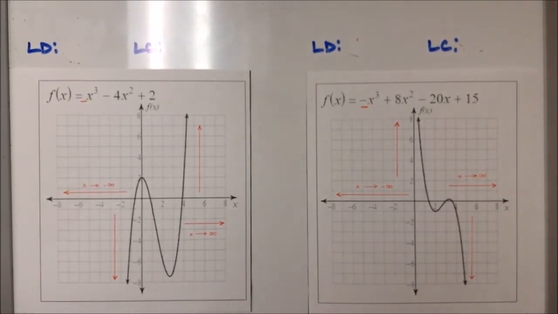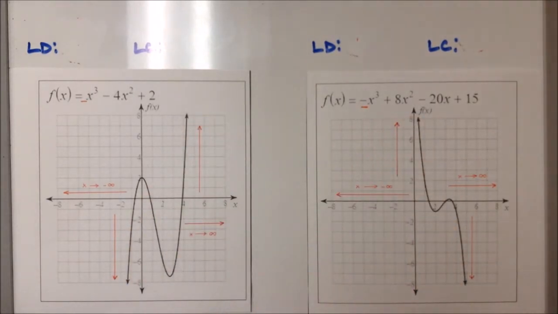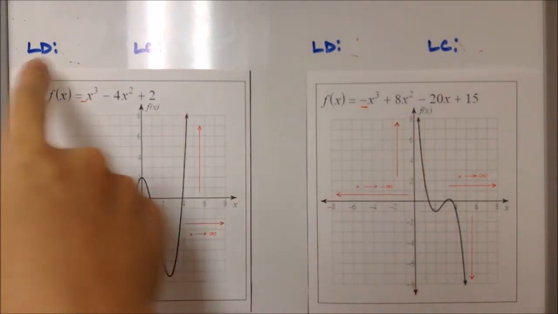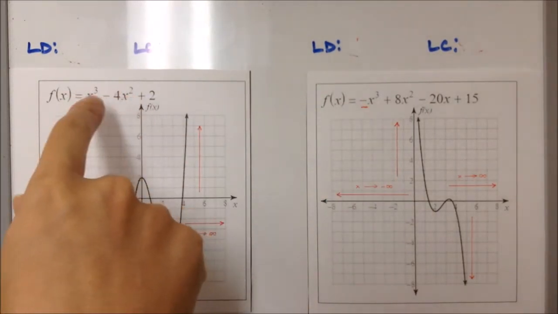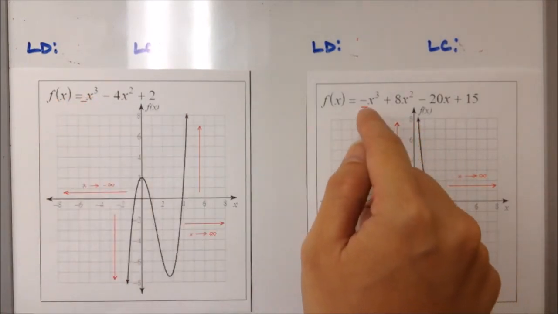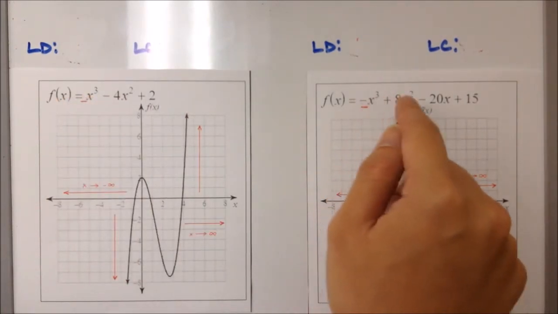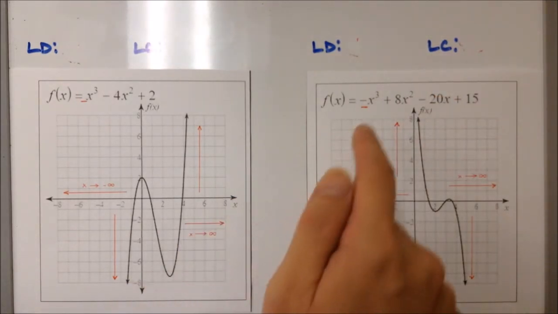Now we have two odd functions because we can see that both ends are going in opposite directions. Let's take a look at the leading degree in both functions. Even though we have two exponents, we're going to look for the highest, which is right here, 3. Over here we actually have three exponents, 3, 2, and an invisible 1. But again, we're going to look for the highest, which is 3.